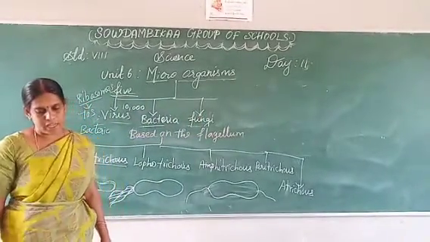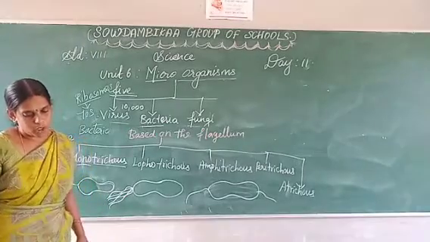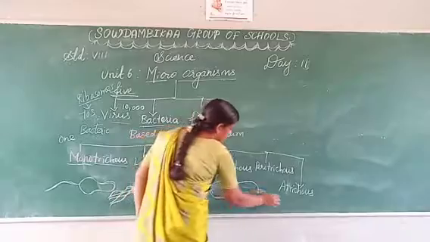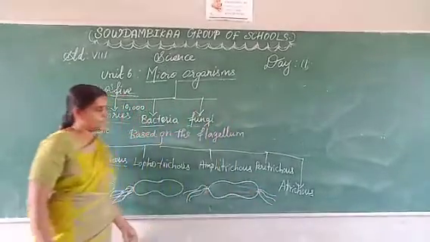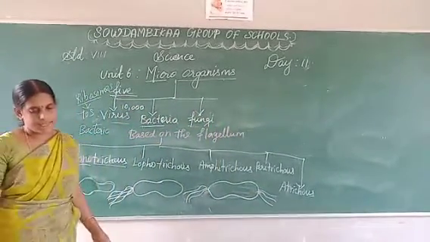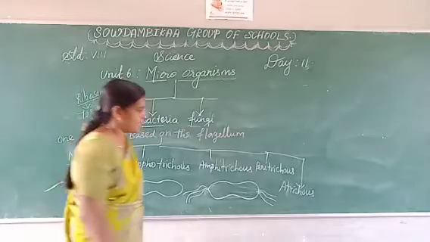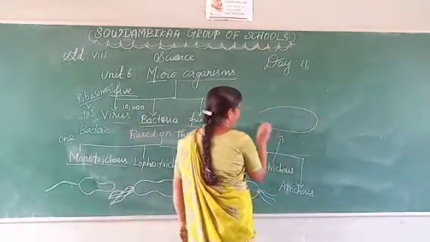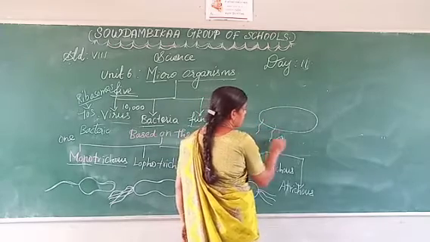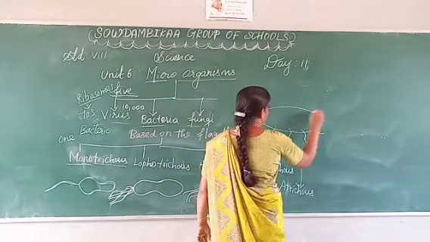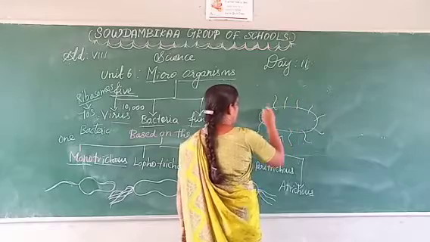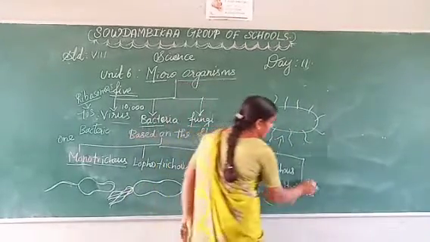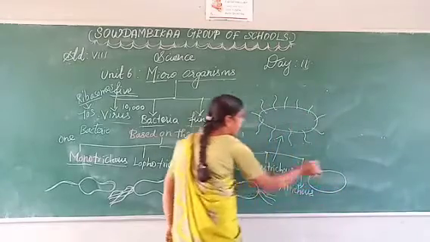Next one is the peritrichous: the flagella are around the bacteria, on all the sides. That is called the peritrichous. Atrichous means without flagella.